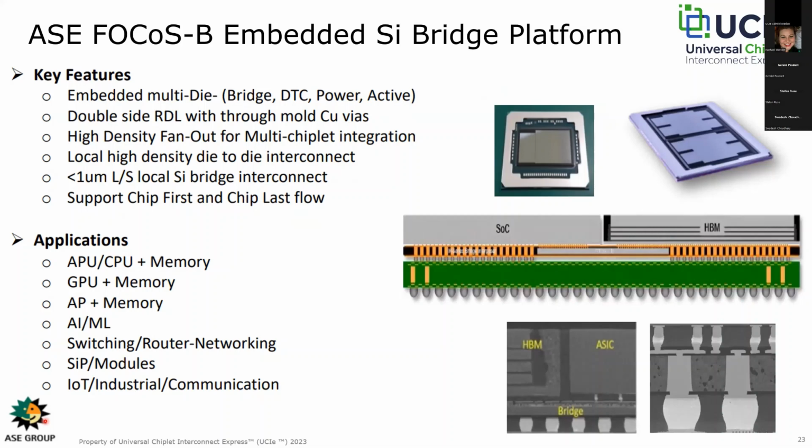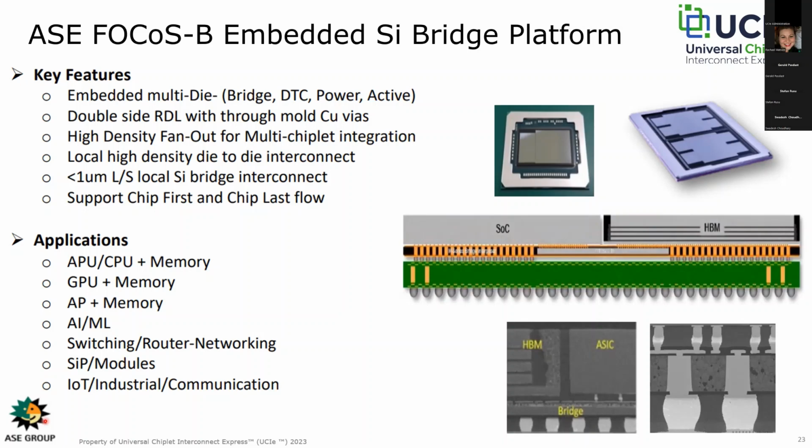This slide shows the fan-out chip on substrate with the embedded silicon bridge. So with the bridge, we have high density die-to-die interconnect, and this also supports a chip first and a chip last option, as I explained in a previous slide. The local silicon bridge enables line and space less than 1 micron, so it's much tighter pitches, much higher density interconnect.